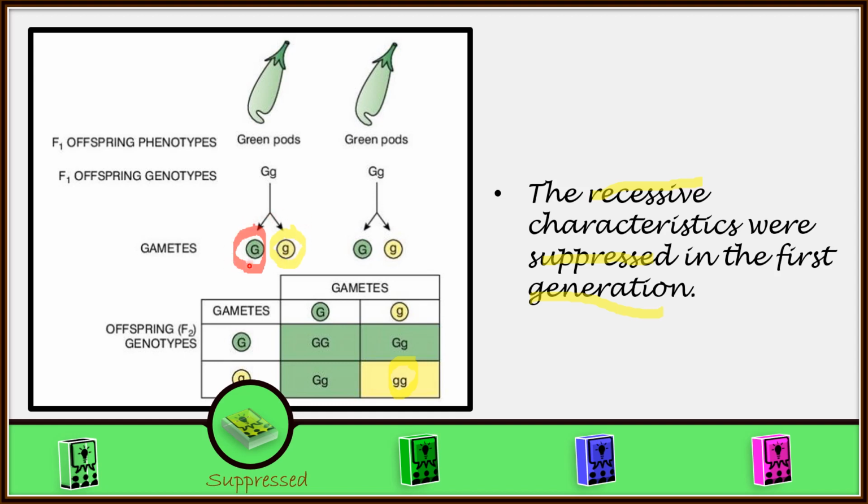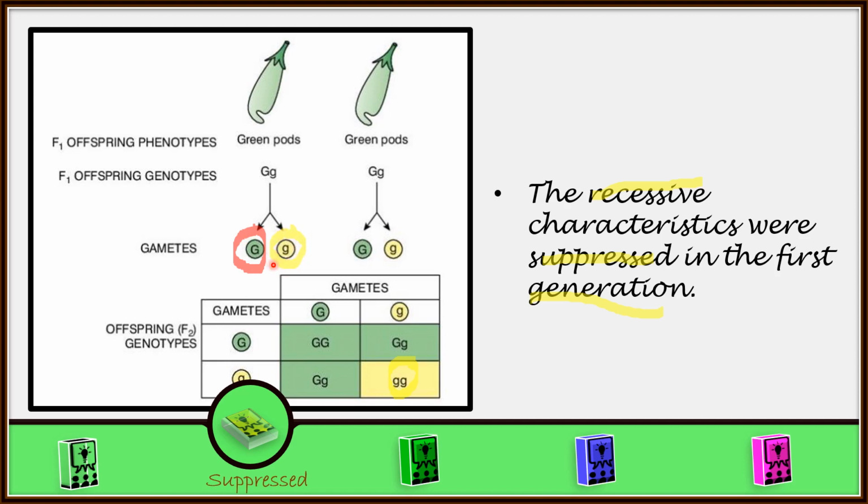But when the two come, they give out one color, which is the green pod color. Where is the instruction for the small g? The instruction for the small g has been suppressed. Why? Because capital G is dominant over small g, which is recessive.